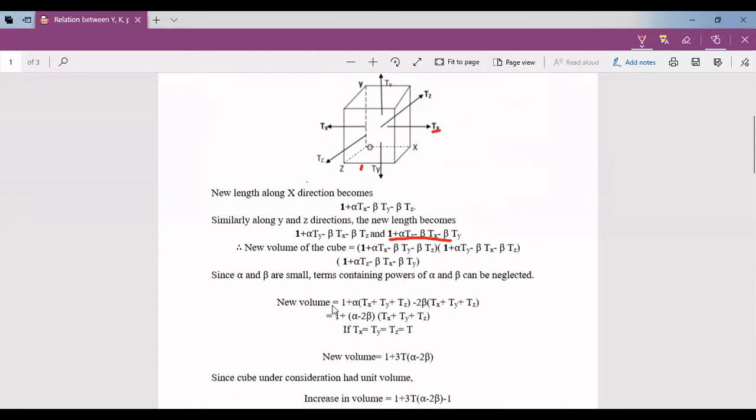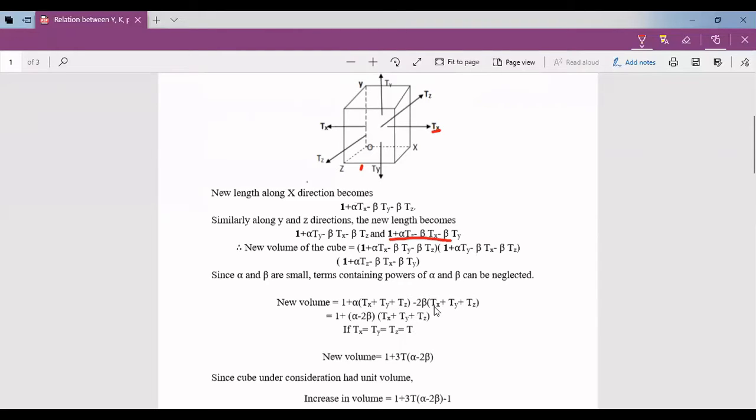Therefore new volume will be equal to 1 plus alpha into tx plus ty plus tz, minus 2 beta into tx plus ty plus tz.